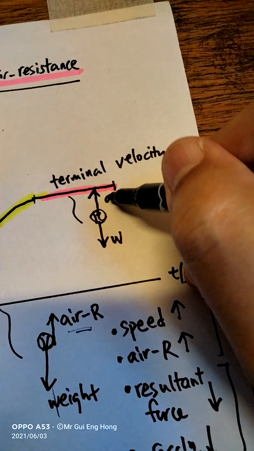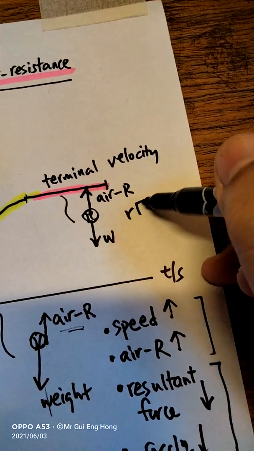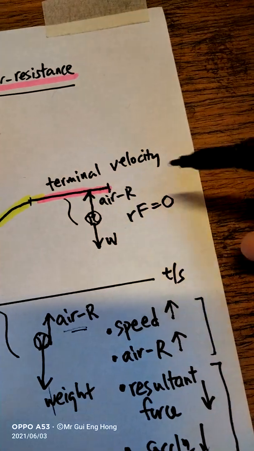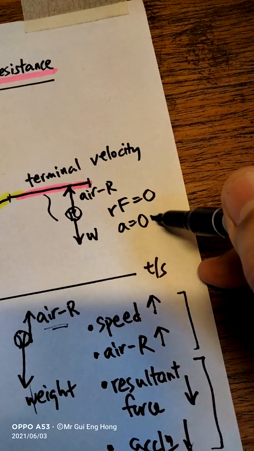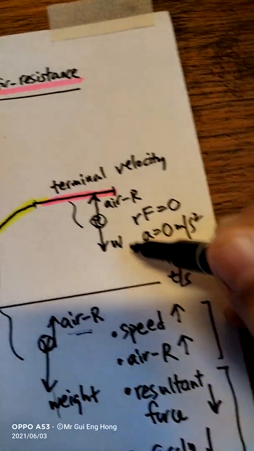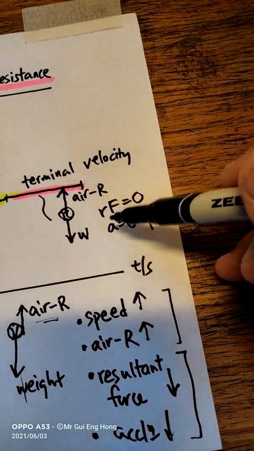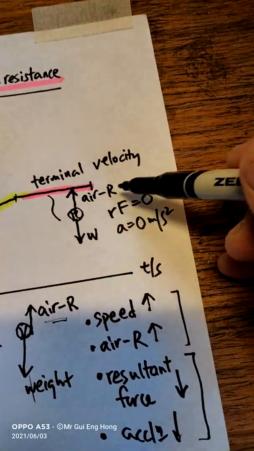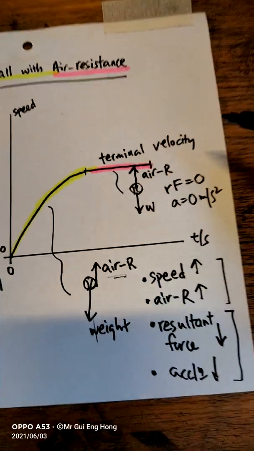When the air resistance is equal to the weight, the resultant force equals 0, and it will stop accelerating. There's no more resultant force, the air resistance force stops increasing, and it will continue at constant top speed.